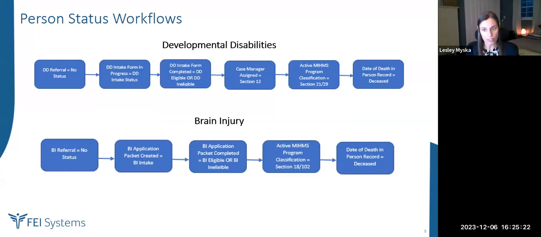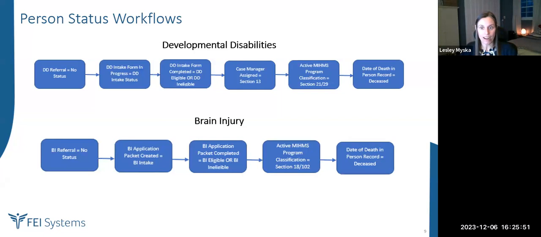They'll put all of the assessment scores into that, and then they will create a BI application packet. Once the packet has been created, the status will update to BI intake. Then once an offer is made to that person and the person accepts, the PCP will be created, the classification packet will be created, and the care coordinator will be assigned.